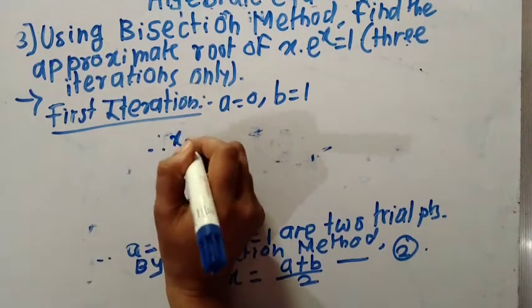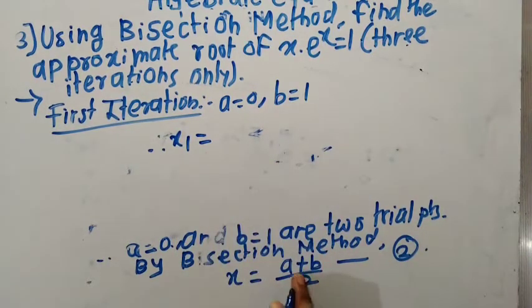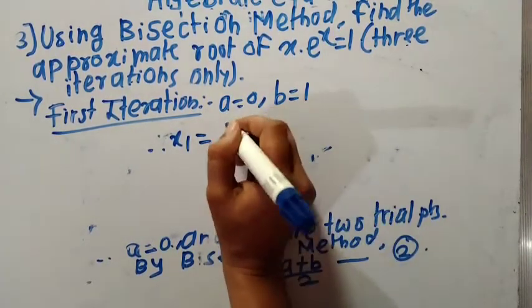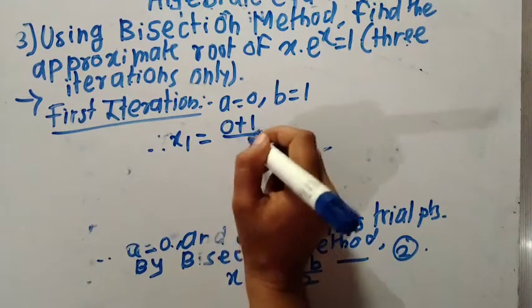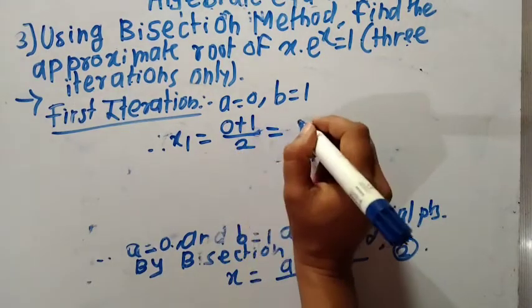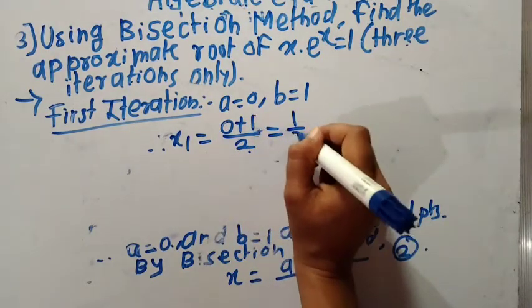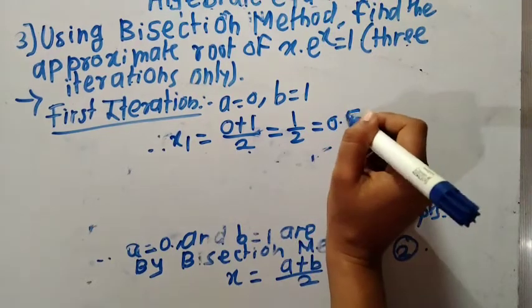So x1 is equal to a plus b divided by 2, which means 0 plus 1 divided by 2, which is equal to 1 by 2, which is equal to 0.5.